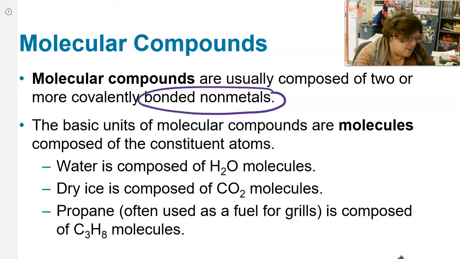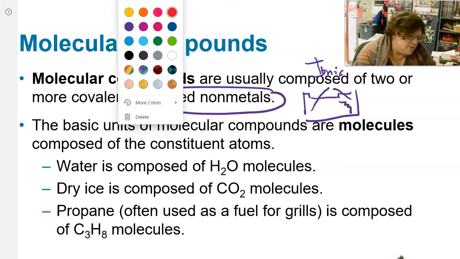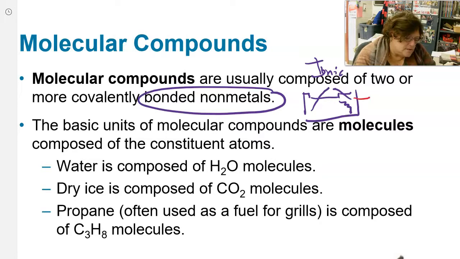So when you think about the periodic table, if you have one from this side and one from this side, it's ionic. And if you have two from this side, it's going to be covalent.